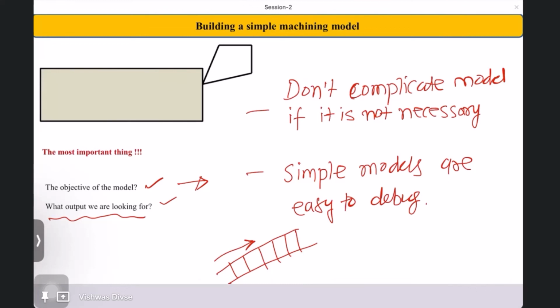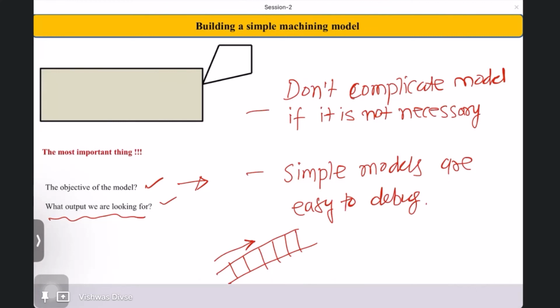Otherwise, you don't know why this error is coming or why your model is not showing accurate results. So start with very simple assumptions and then remove assumptions one by one. Then you will have a very good model at the end, and you will know all the stages, how this model is built.